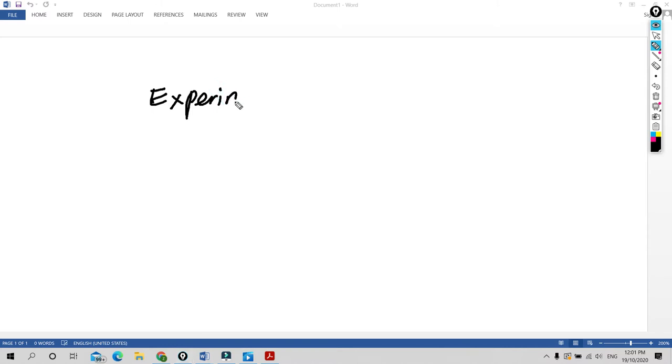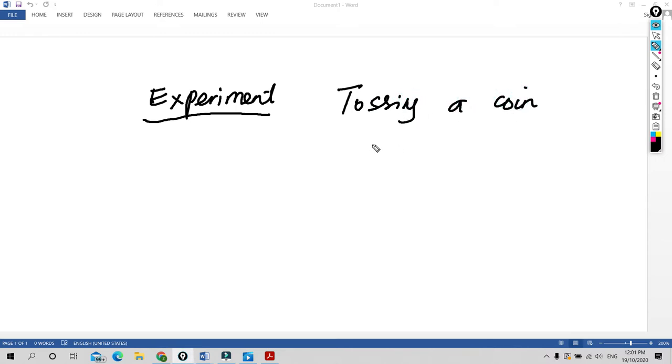So for every property we need to have an experiment. So the experiment here is tossing a coin twice. So the sample space here is equal to, so you can either get, for the first one, head or tail.